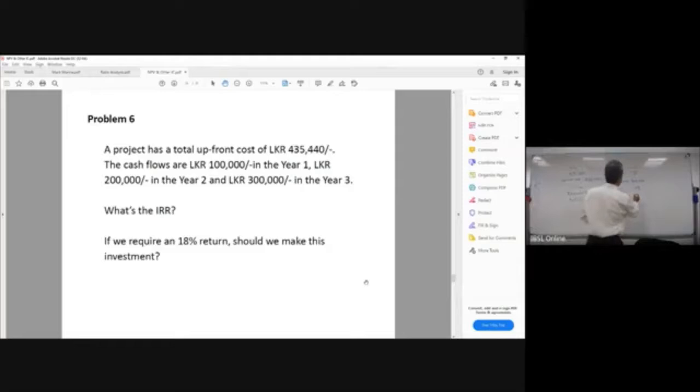That is the same as mine, 46,152. Next is 15%, right? I'll do it for 15%. I think all of you know 1.15, 1.15 to the power 2 and 1.15 to the power 3.